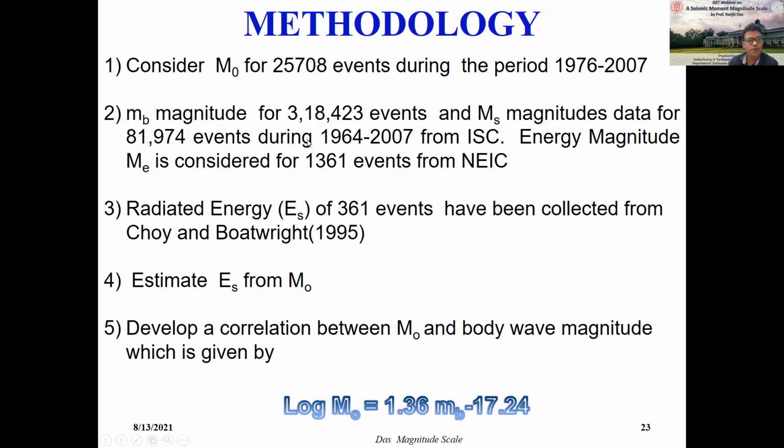Also, we consider the body wave magnitudes, around 3 lakh data, and MS magnitudes, around 80,000 data from ISC. And also we consider ME, 1361 events from NEIC. So we also consider the energy magnitude and radiated energy directly observed from the instrument. We consider 361 events recorded by Choy and Boatwright.